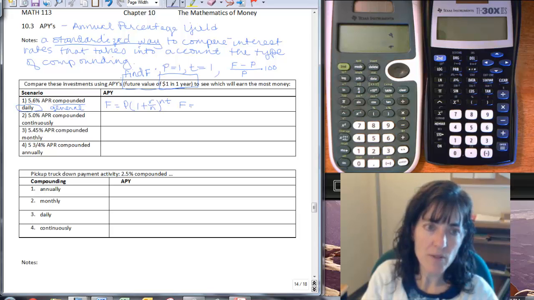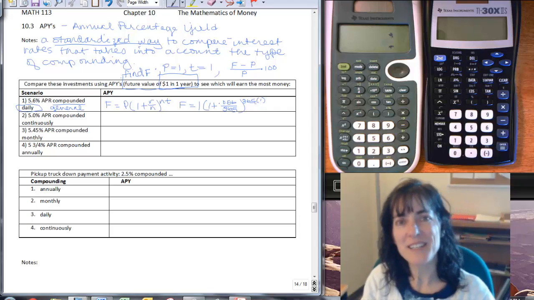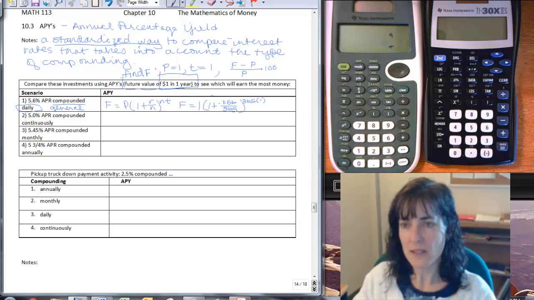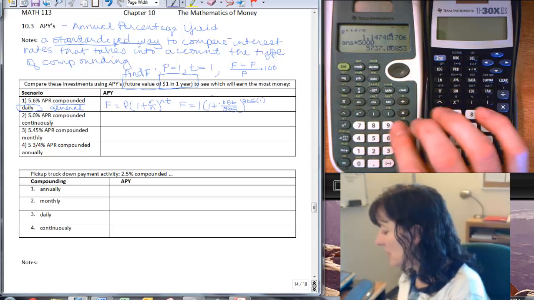So it's going to be F equals $1 times 1 plus my rate, which will be 0.056 over 365, because we're doing daily, raised to the 365 times T, my T is going to be a 1. So when I calculate all of this, let's use this calculator this time.